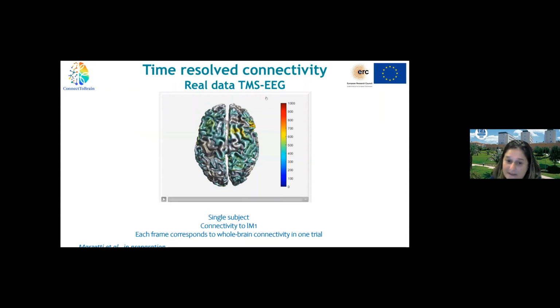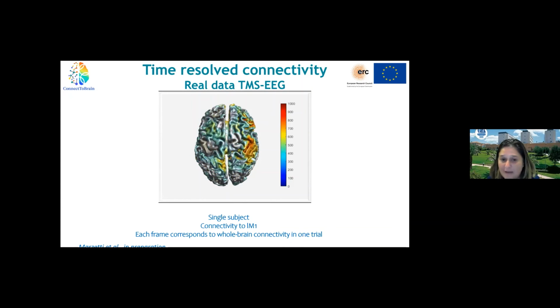So what happens if we now pick one subject and look across all trials? Is this something that is changing trial by trial? Or is this something that is there in the brain no matter what happens and how time passes by? And the answer is no, this connectivity changes trial by trial.